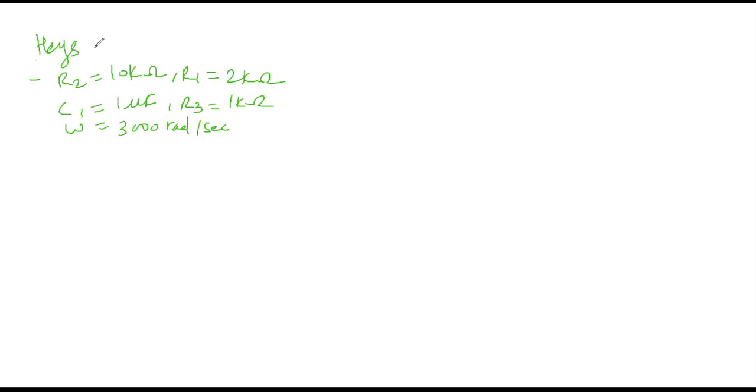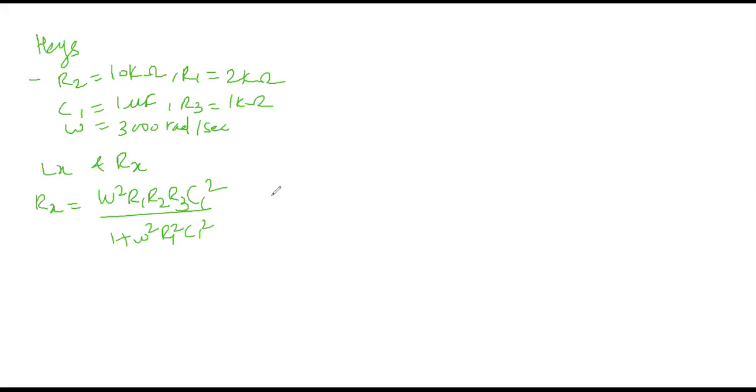Okay, so what you are required to find out? Lx and Rx. So you have the equation for Lx and Rx. Rx is equal to omega square R1 R2 R3 into C1 square divided by 1 plus omega square R1 square C1 square.